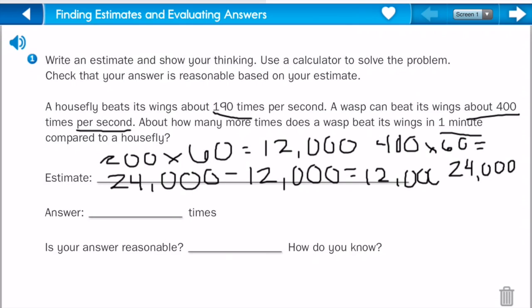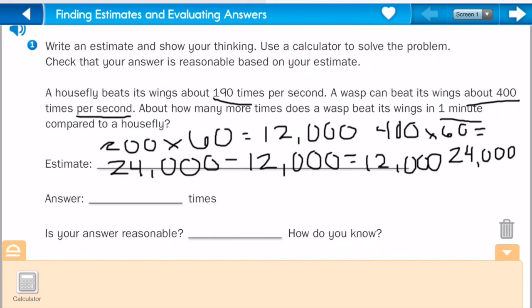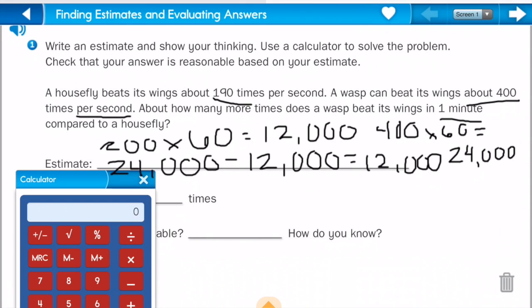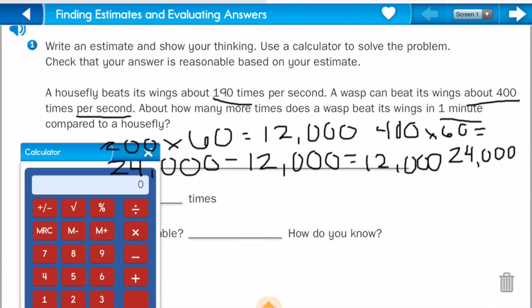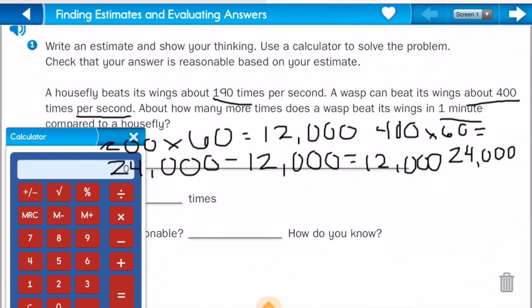Now let's go ahead and figure out what the actual answer would be. So I'm going to use my toolkit, and I'm going to get out my calculator. I'm going to take 190 times 60, and I get 11,400, and I'm going to leave the other number, the 24,000, the way it was because we didn't change anything with it.